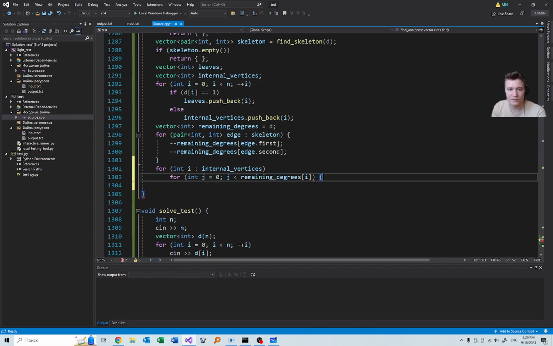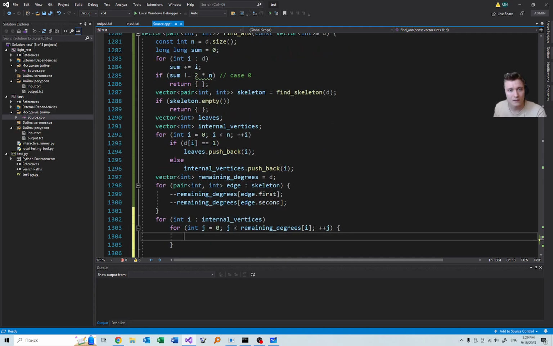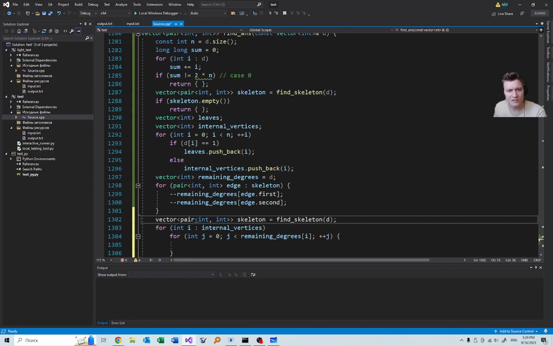The easiest way to do it is to work with leaves as with a stack. So, to make things easier, let me just make ants, which in the beginning is the skeleton.